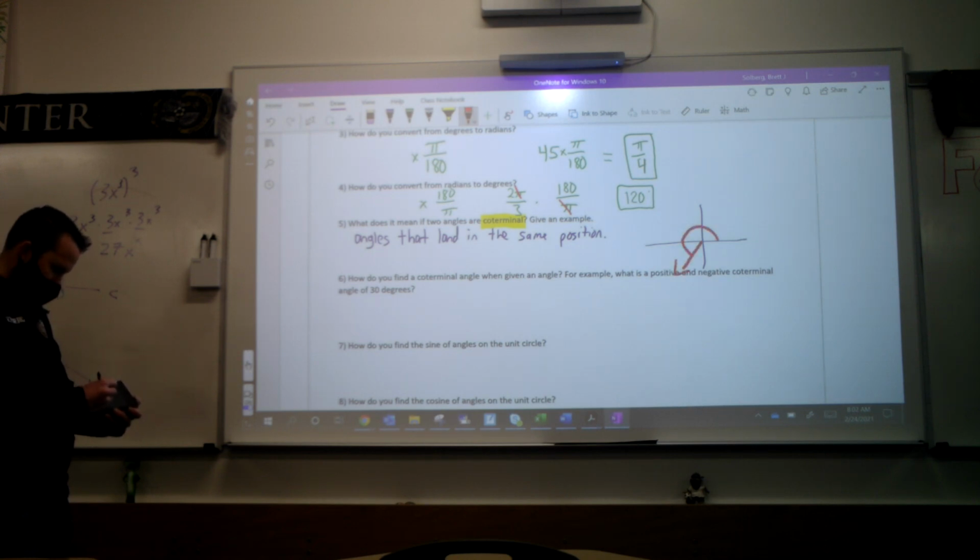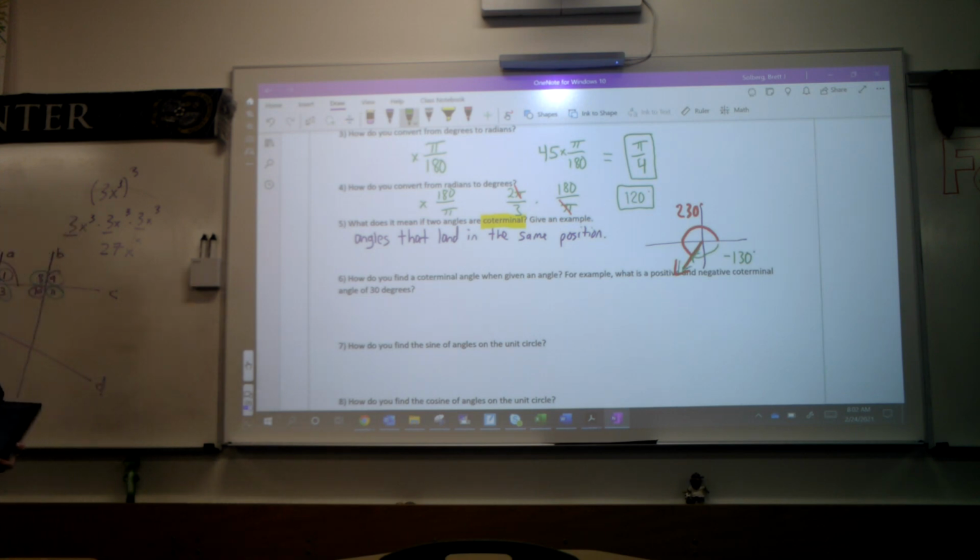This angle right here is 230 degrees. But I could also get to this angle by going clockwise. I'm going to go back 90, and then I'm going to go 40 more, so that's negative 130. You see how they land in the same spot? That means they're coterminal. Okay? So coterminal, they land in the same spot.